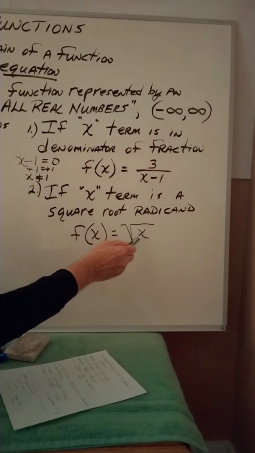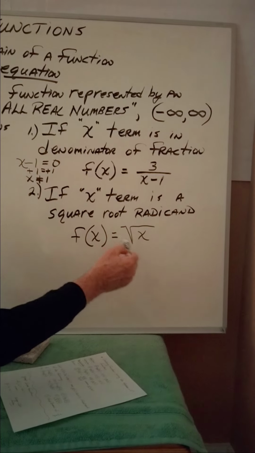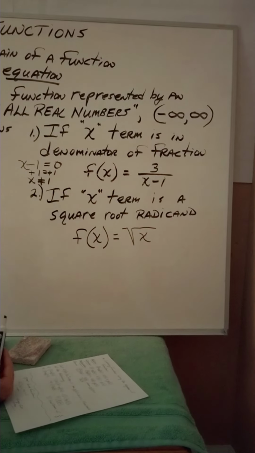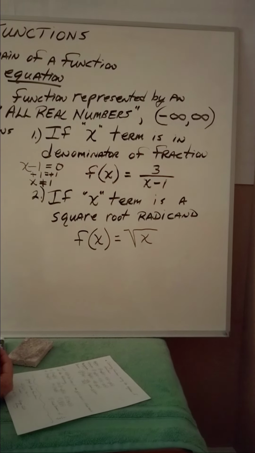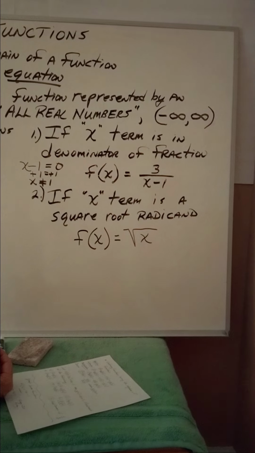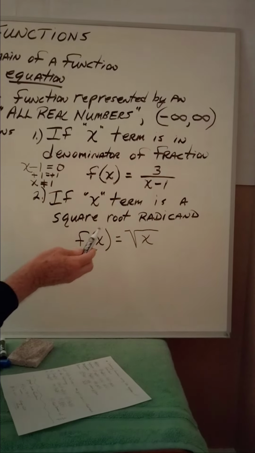When that domain letter x is the radicand of a square root function, the domain, once again, is not the entire set of real numbers. It's most of them, but there will be an exception, and we will point that out right here.